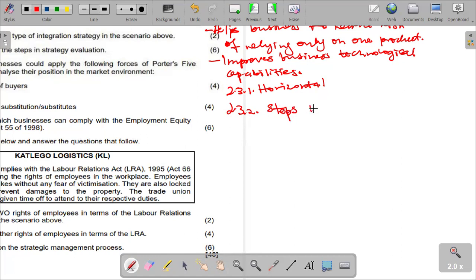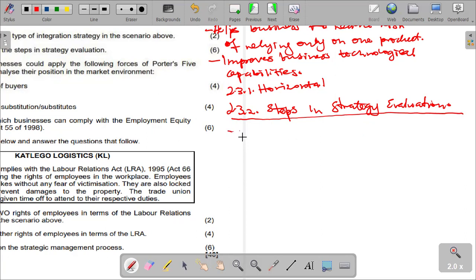Steps in strategy evaluation. What steps are there?